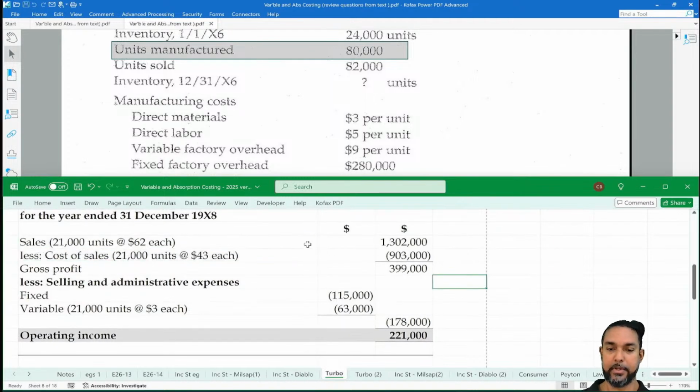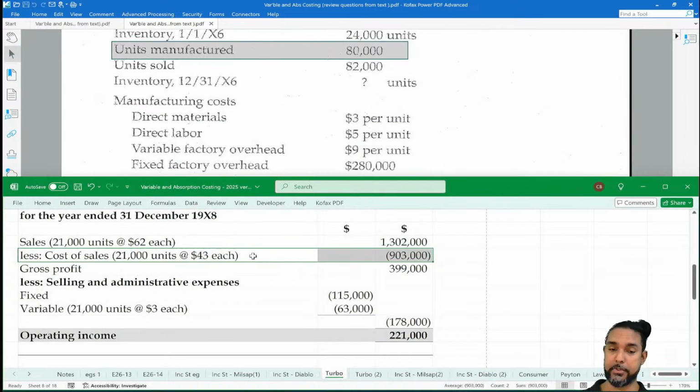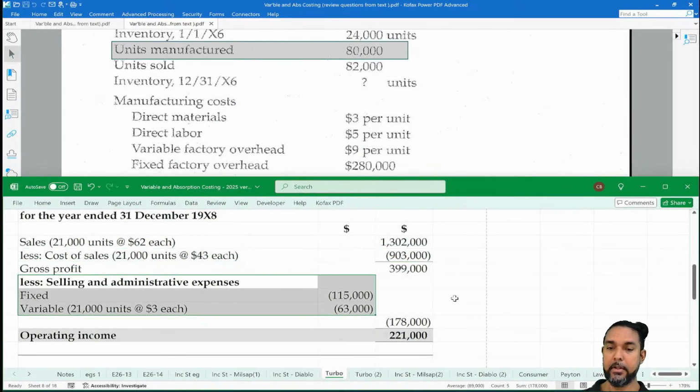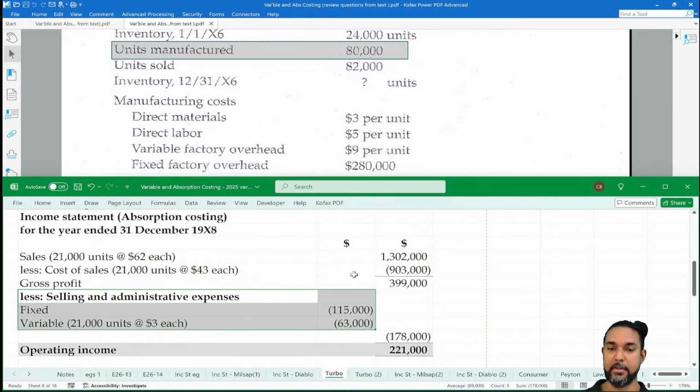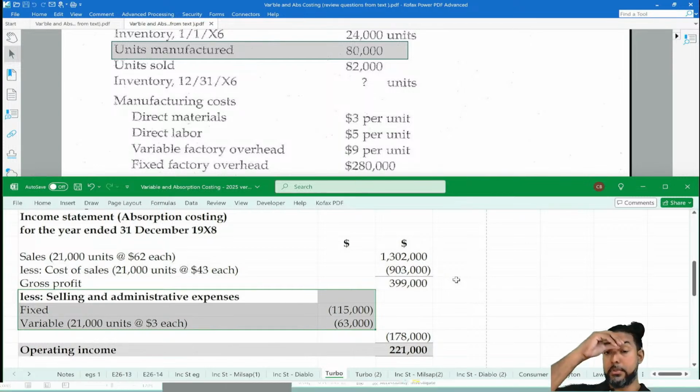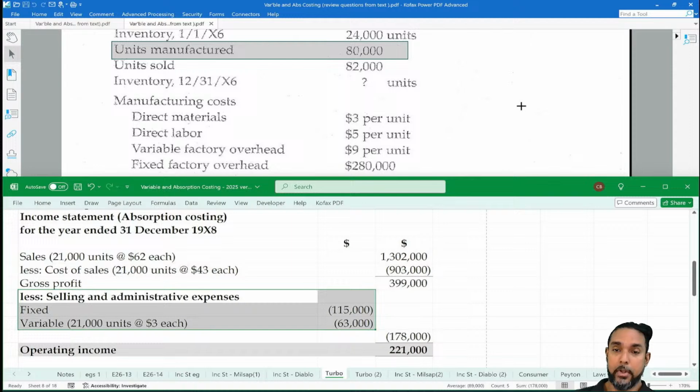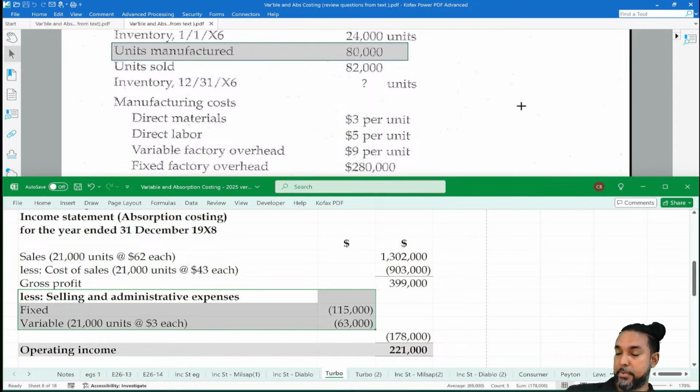You have your sales, then your cost of sales, which will use absorption costing, that gives you the gross profit, and then you have your selling and admin. I'll leave the income statement for this question up on the screen as an example, and you can use the information above and the previous solution to do the absorption costing income statement.